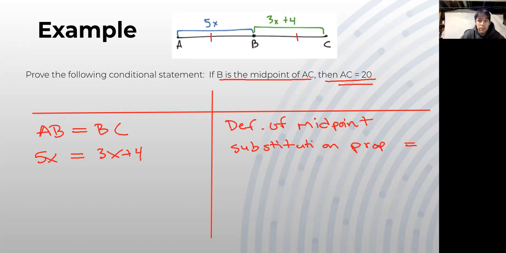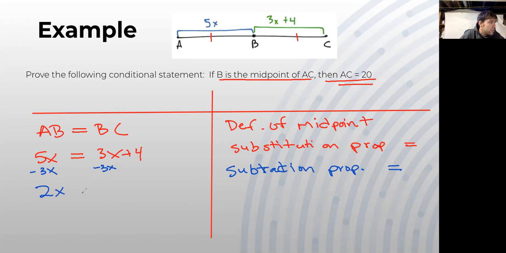Now it's a matter of solving. So now this is a solving problem. We're gonna subtract 3x from both sides. So that is the subtraction property of equality.